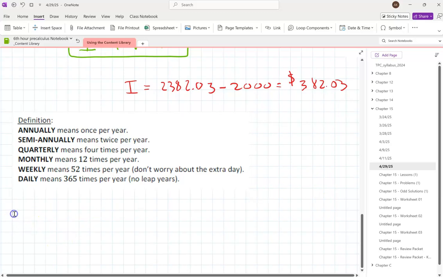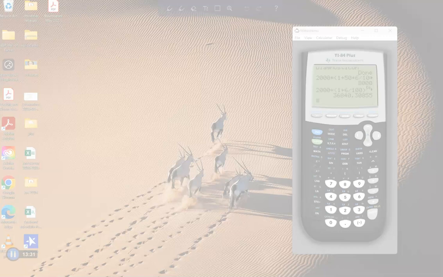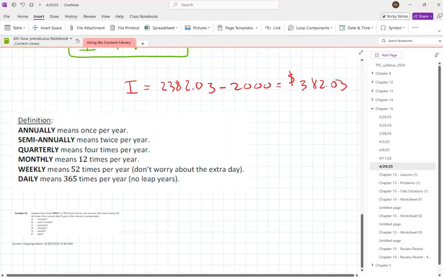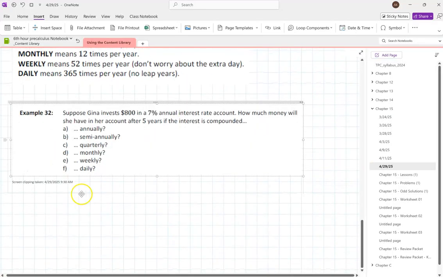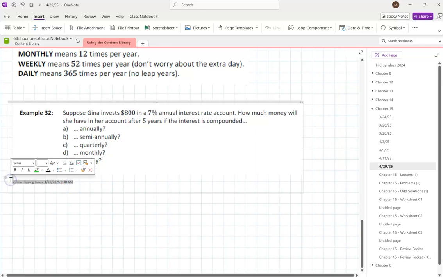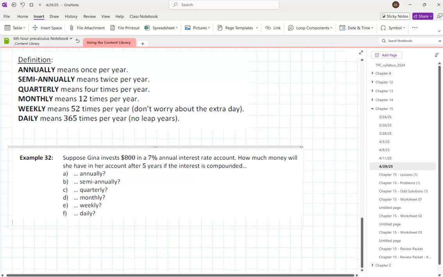So what I'd like to do next is a little example to illustrate how much difference that number of compounds makes, right? So let's look at an example here.